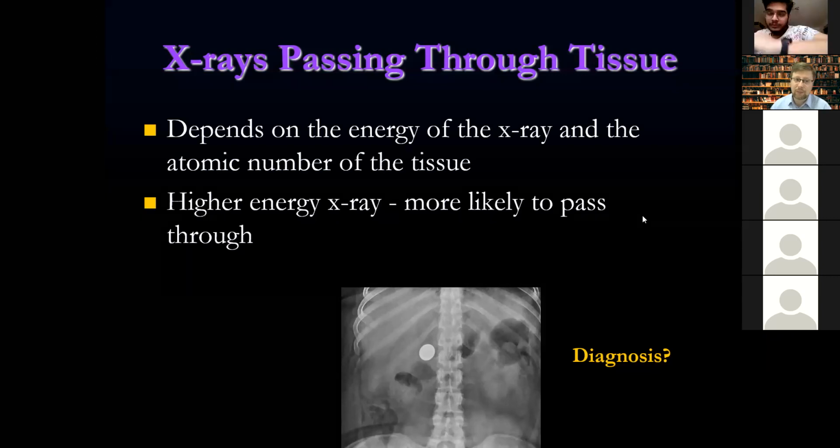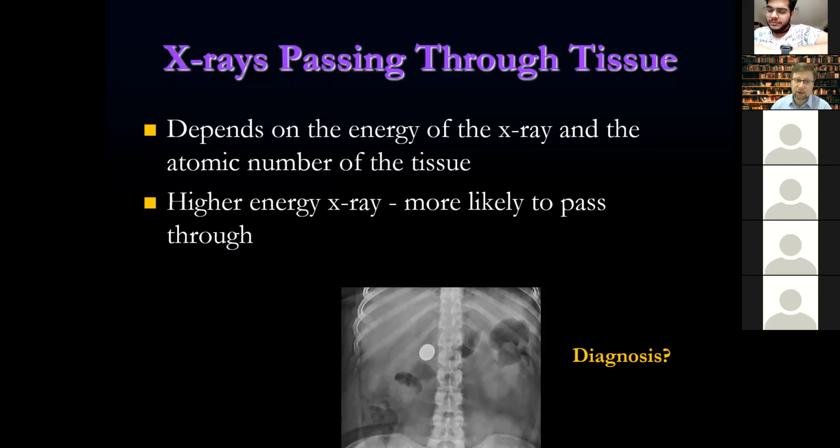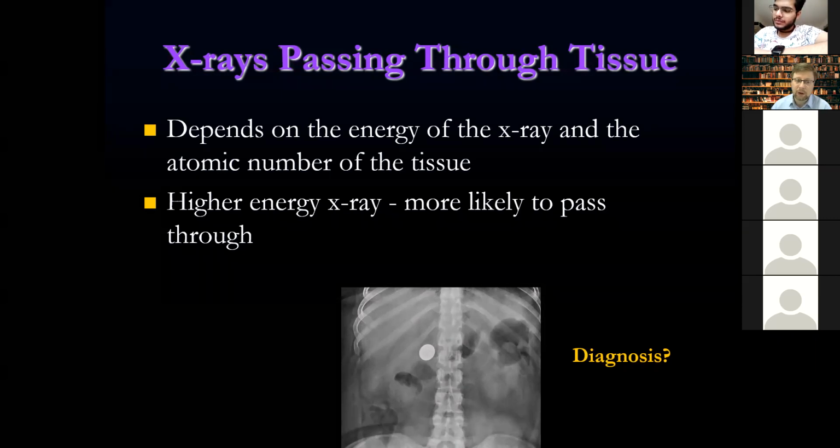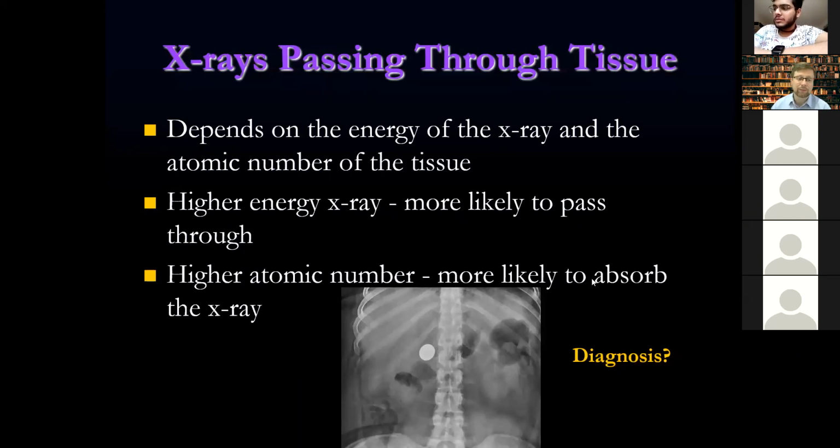How the X-ray passes through the tissue depends on the energy of the X-ray and the atomic number of the tissue. The higher the energy of the X-ray, the more likely it is to pass through. And the higher the atomic number of the tissue or foreign body, for instance metal, the lesser degree the X-ray waves will pass through this region.